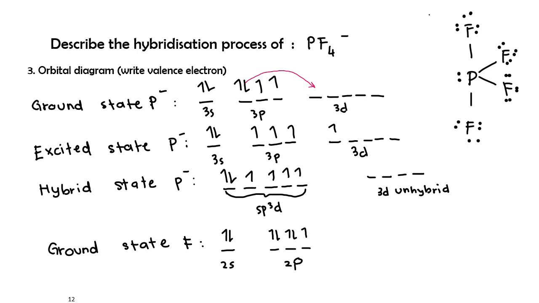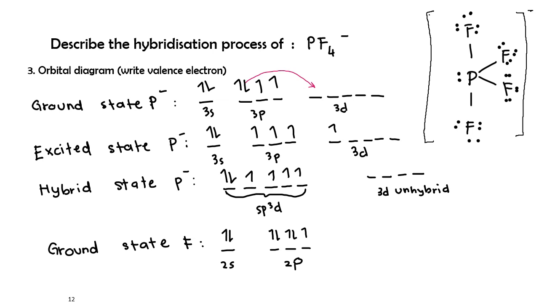For the next step, for the orbital diagram of this structure PF4 minus, you need to do a bracket here and the negative charge, and you need to calculate the formal charge on each atom.